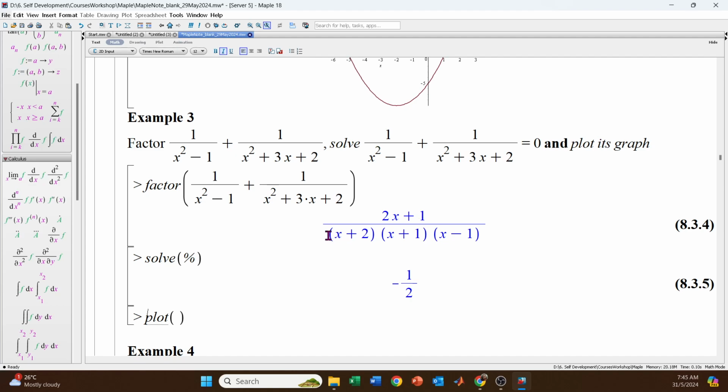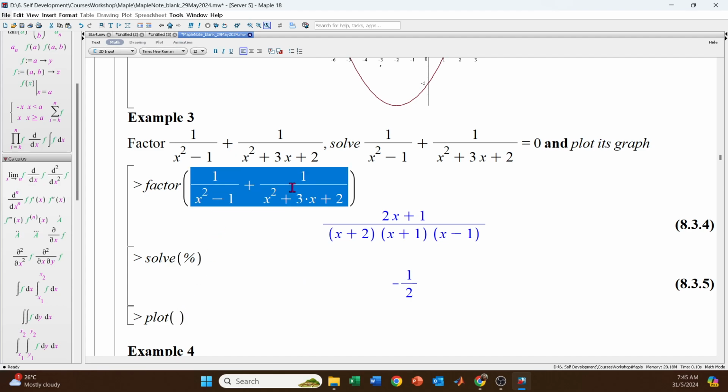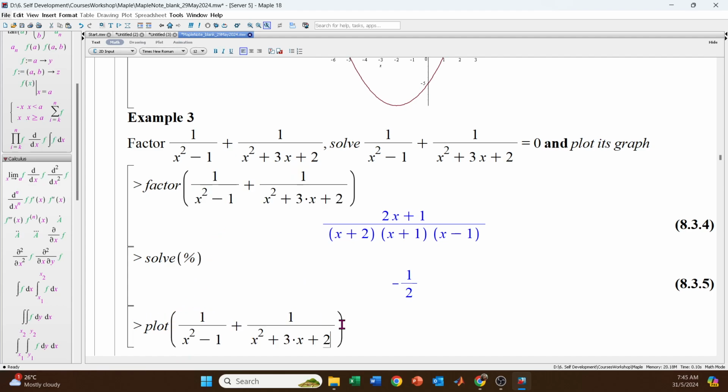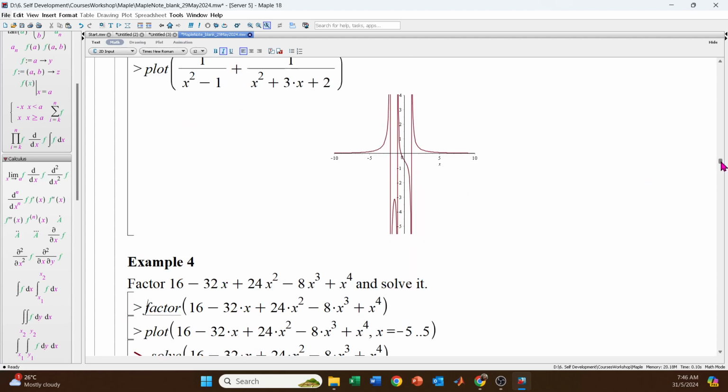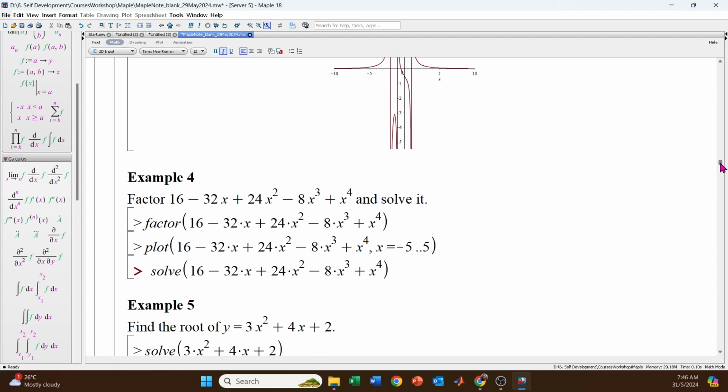So of course you get the denominator cannot be equal to 0. That's why it's only 2x plus 1 equal to 0. You get x is -half. And then if I want to plot this thing, I can Control C, put it here. So this is a graph of this equation. So you notice this graph, and then factor, this one already has it. You can do just the same thing.